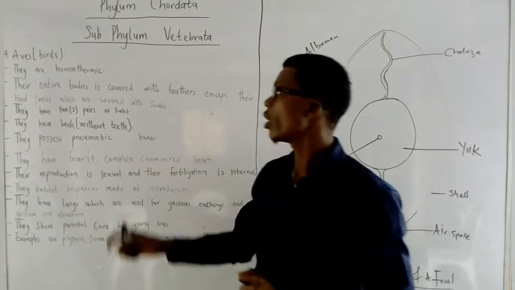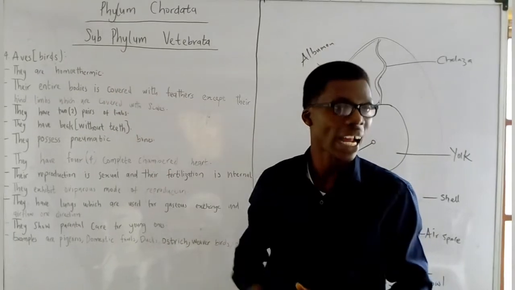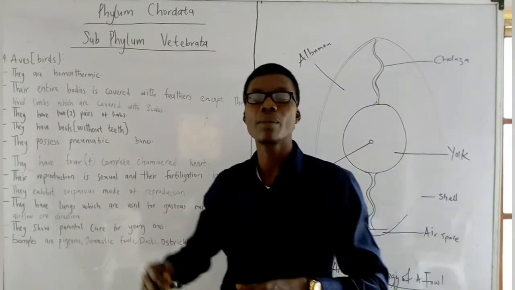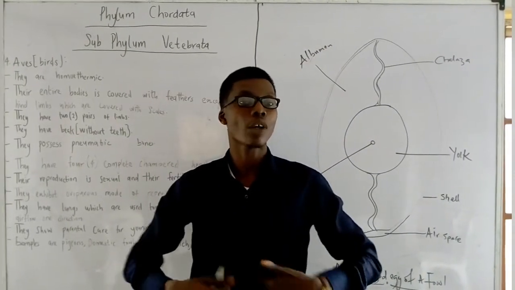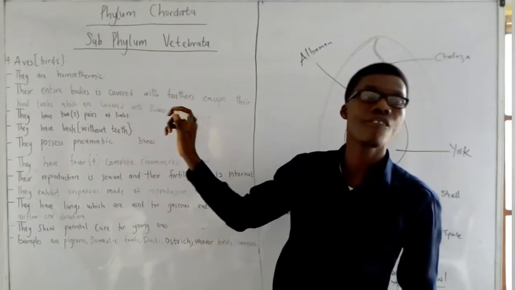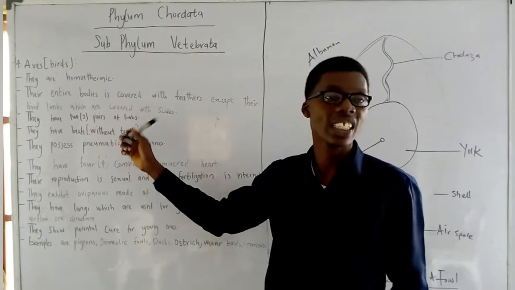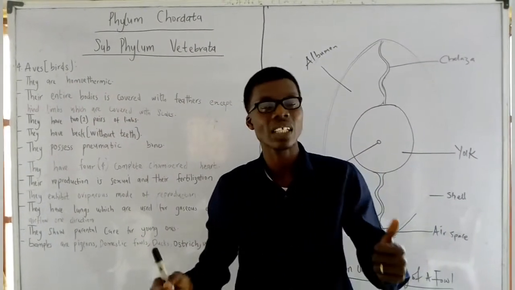Alright? Now, moving on. They are also endothermal. Endothermal means that they form their temperature from within. Now, their entire body is covered with feathers, except their hind limb, which is covered with scales, and I have drawn that for you, but you must have seen it before.